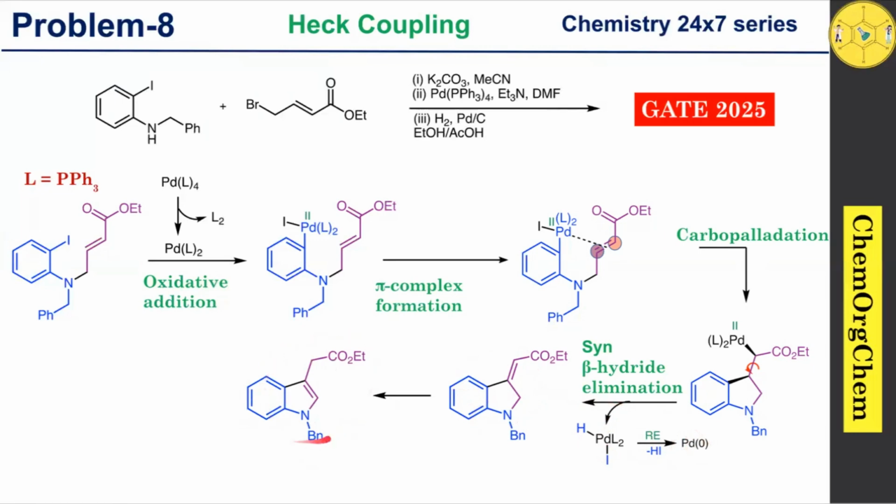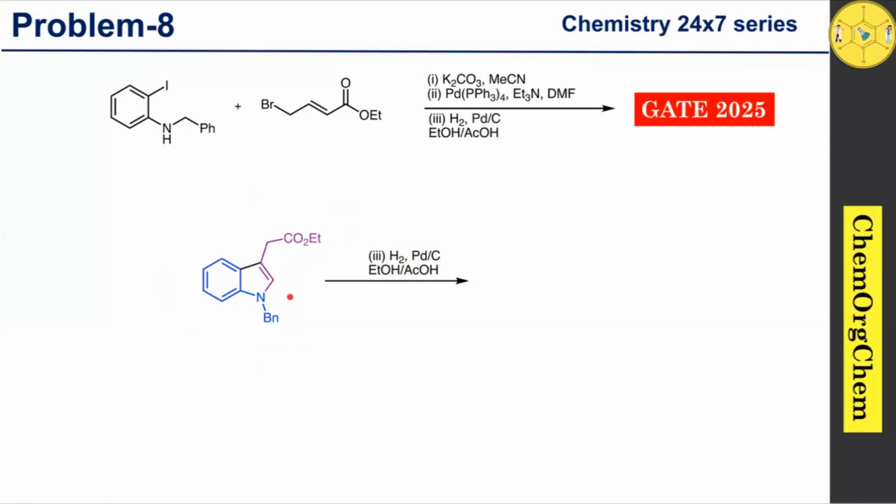So this is the product of our second step. This product from the second step reacts with hydrogen gas, palladium on charcoal, ethanol and acetic acid. In general, hydrogenation using palladium on charcoal is useful for the reduction of alkenes and alkynes, and also for the reductive cleavage of O-benzyl as well as N-benzyl groups.